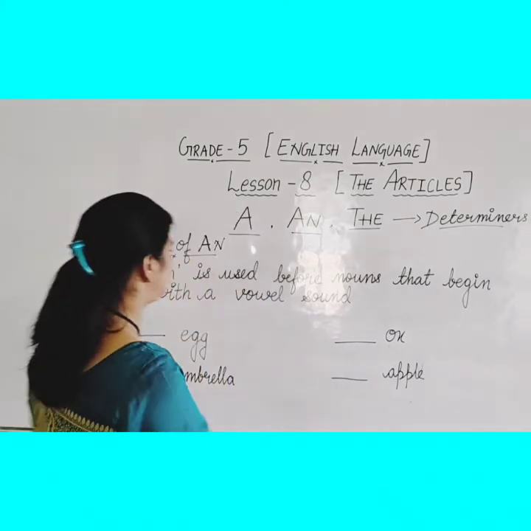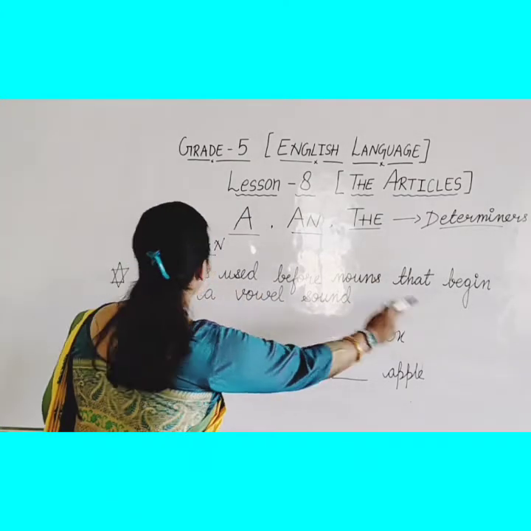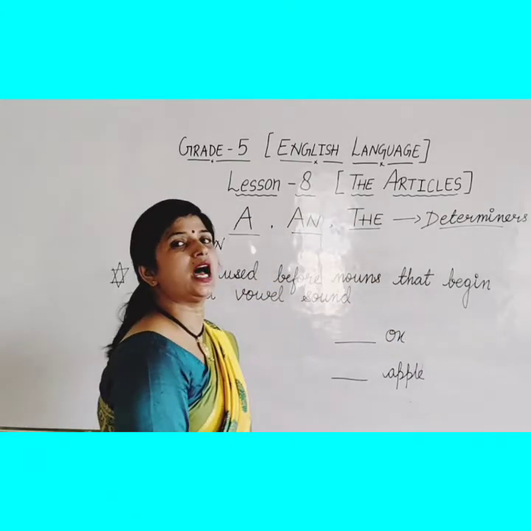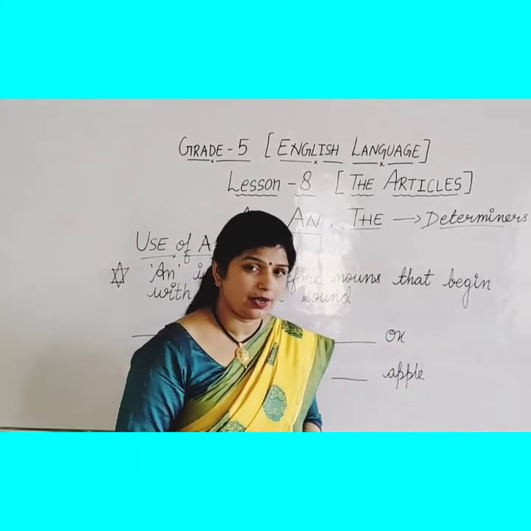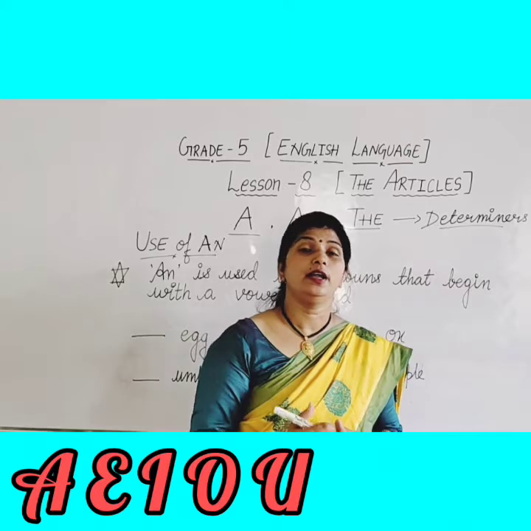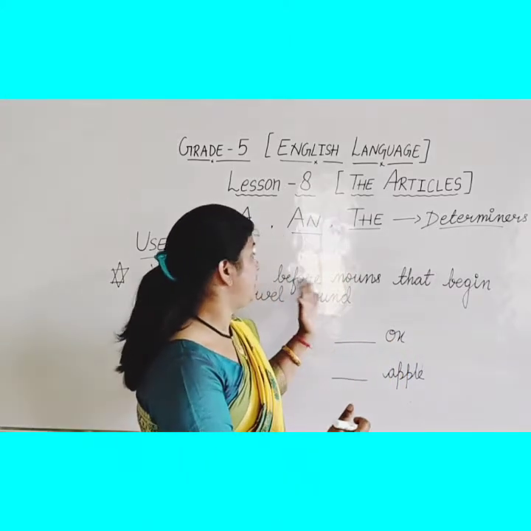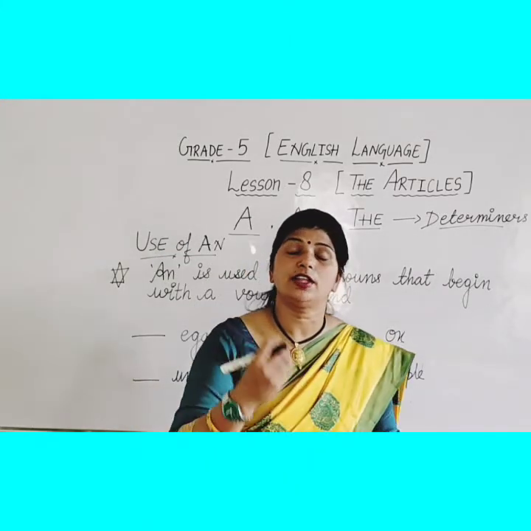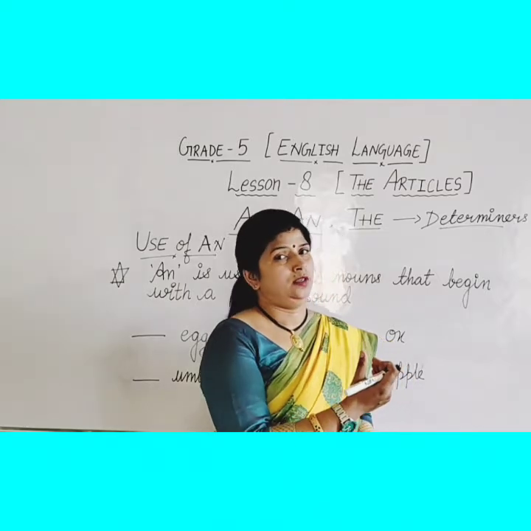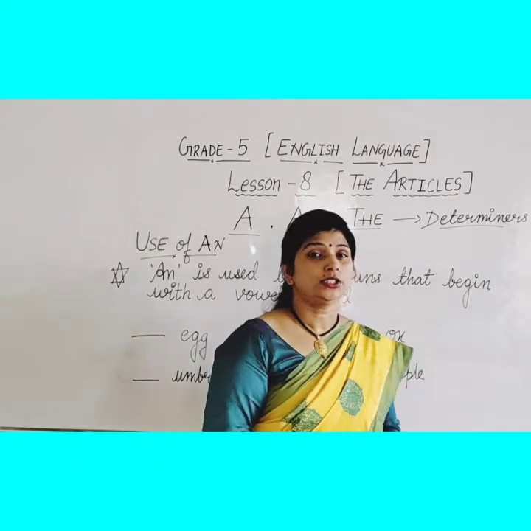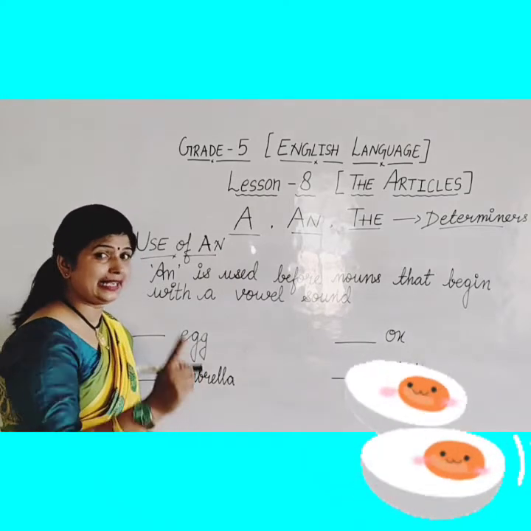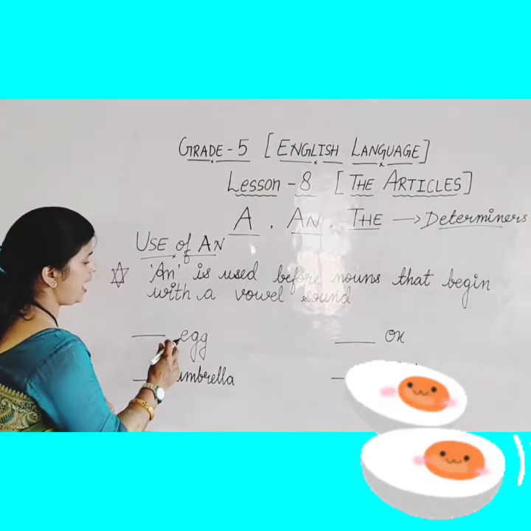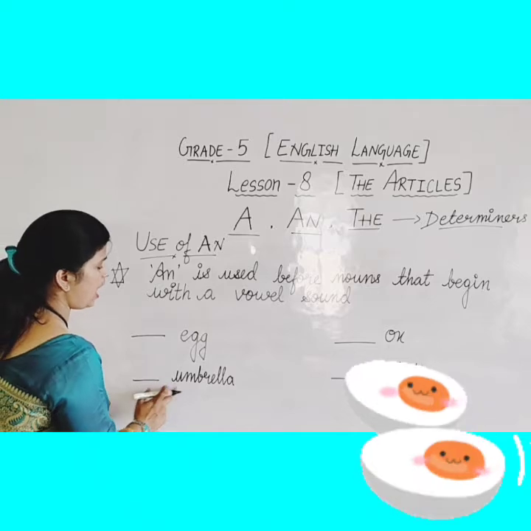So an is used before a noun that begins with the vowel sound. We know there are 5 vowels A, E, I, O, U. So whenever any noun is starting with a vowel sound, there we use an. Suppose egg, E is there, right? Egg. Umbrella.